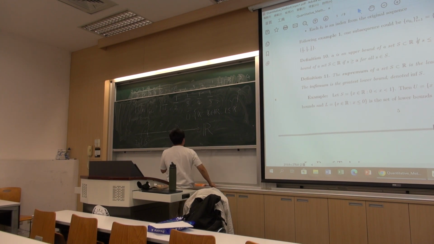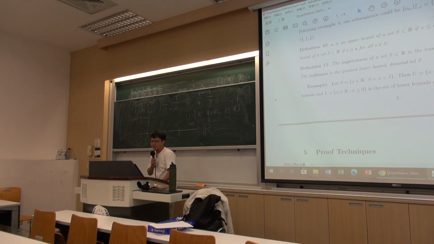So this will be the upper bound set of S, and the sup S will be the smallest element of the upper bound set U, which is 1 in this case. And of course you can find inf S equals 0 by following the same way.